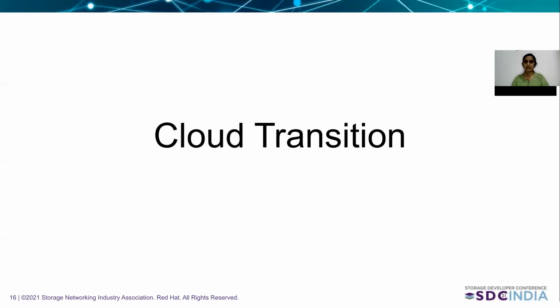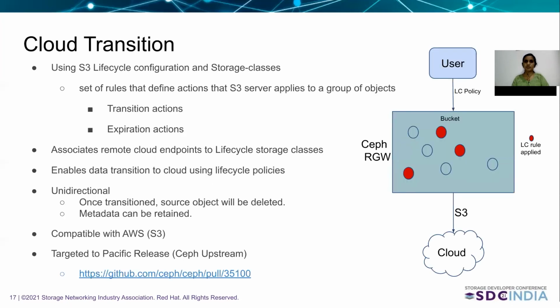So moving on, cloud transition is similar to the Cloud Sync module in the sense it uses the same S3 REST APIs to migrate the data to public cloud. So that way, it is currently limited to only S3 cloud providers. The way it works is it uses S3 lifecycle configuration and storage classes.